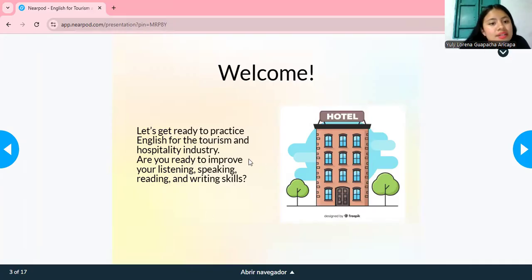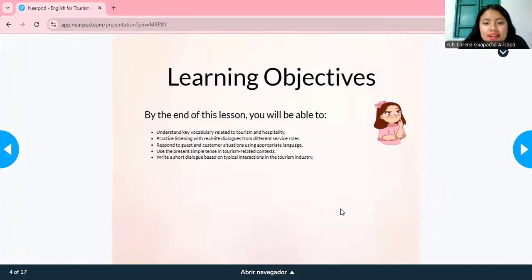Let's get ready to practice English for the tourism and hospitality industry. Are you ready to improve your listening, speaking, reading, and writing skills? And next, in this slide, we can find the learning objectives.